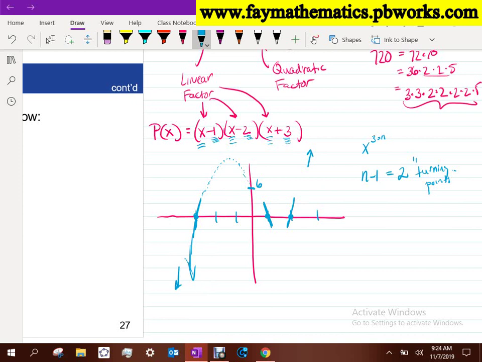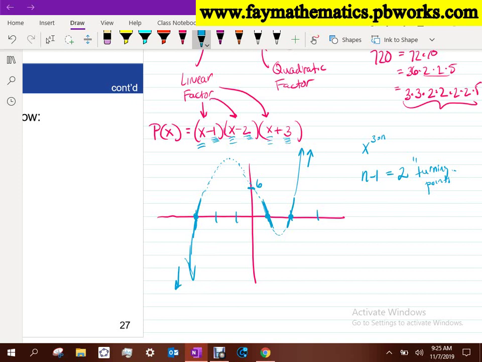I would think it's most likely this here, that I'm going to hit that y-intercept on the way down. I know close to the 0 my behavior, so that's why I made it solid. But between that x-intercept and that x-intercept, I'm not certain how low I'm going to go. Just make it dotted. And then here, I know that my end behavior should match up to that. Gives me a pretty good sketch of what my graph should be, right?